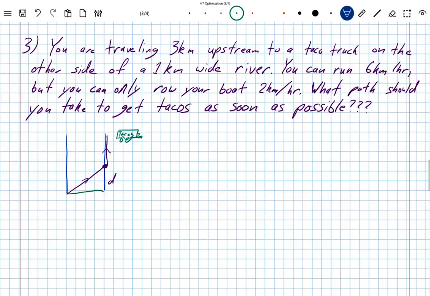This is a 1 kilometer wide river. Just so you know it's a river. And the length of the whole thing to the taco truck, it sounds like, is 3. So somehow we've modeled this entire problem with just a single variable.